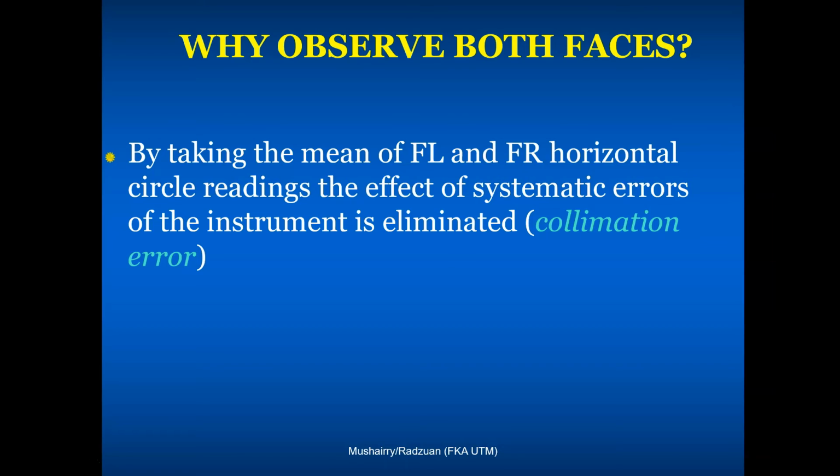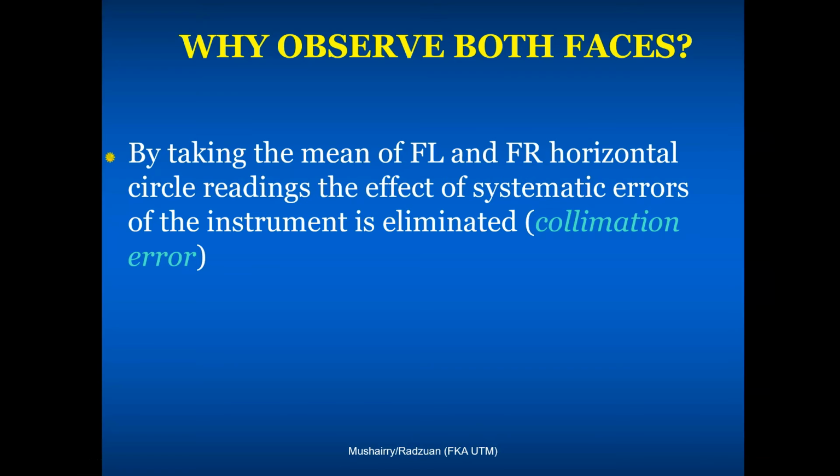Similar to leveling, where to eliminate the error in the collimation line we make certain that the lengths of the backsight and foresight are roughly equal. So in traversing, when you use a total station, to eliminate any possibility of collimation error, we always observe on both faces. That's why we need to do that. We cannot skip this.